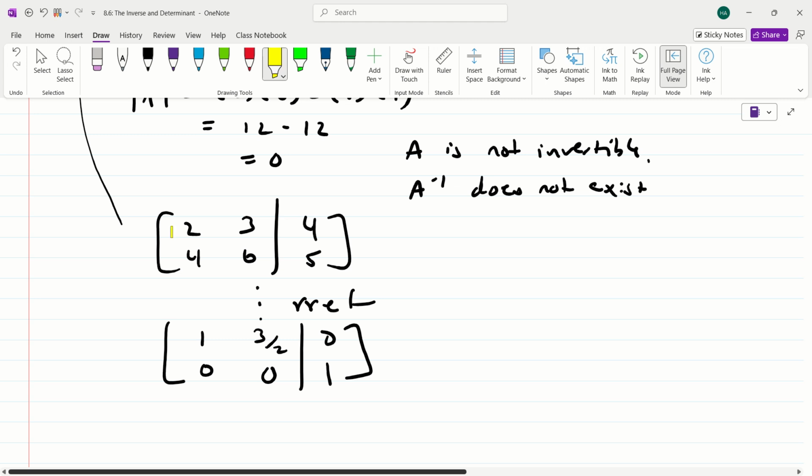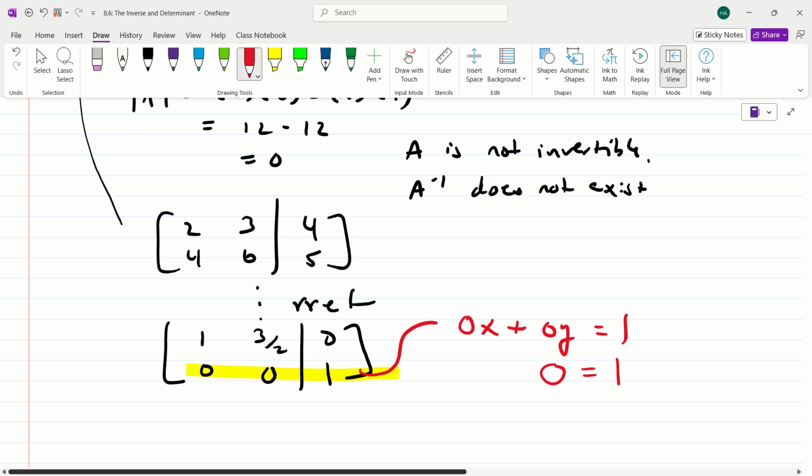Consider that in the same way that this line here, 2, 3, 4, represented the equation 2x plus 3y is equal to 4, this line here is also going to represent an equation. What equation would be represented by that last line? Well, that represents 0x plus 0y is equal to 1. 0x plus 0y is 0, and on the right-hand side, we have a 1.